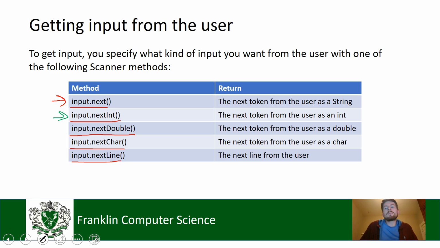Robust means strong and capable of handling all sorts of possible cases. In general, you want to make programs that are very robust and can handle a user who might do something unexpected. Your code should redirect them if they try to type in something you don't want. But we don't have to worry about that just yet.